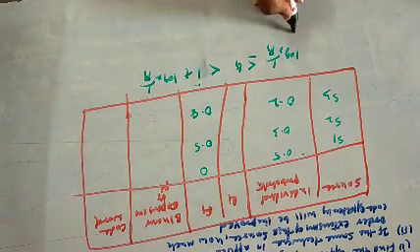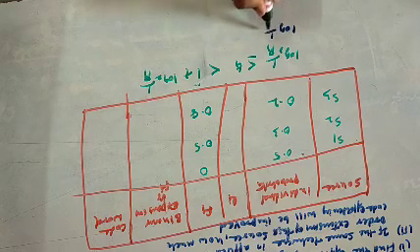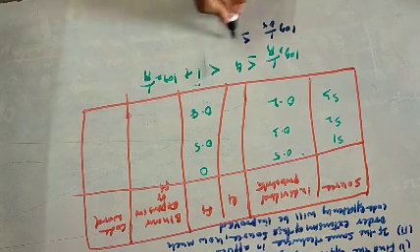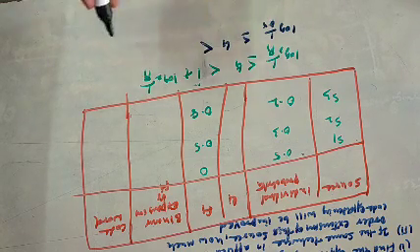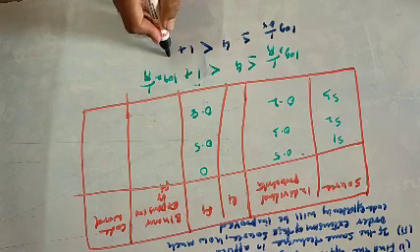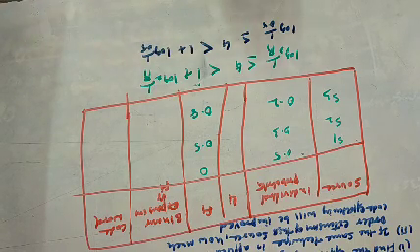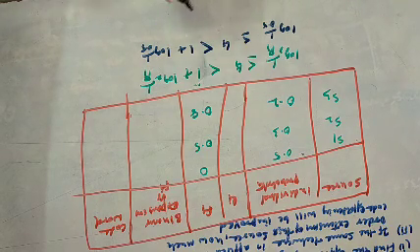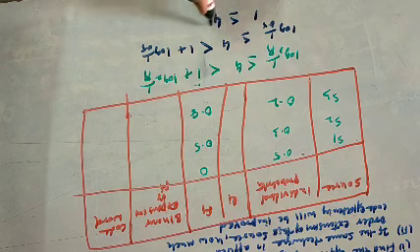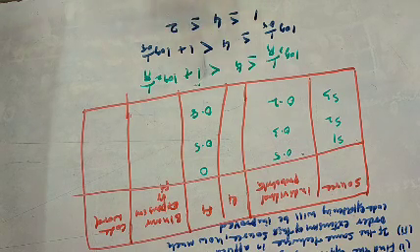Using this, log 1 upon 0.5 is less than or equal to Li, and it should be less than 1 plus log 1 upon 0.5. With this, we will get 1 less than or equal to Li less than 2.